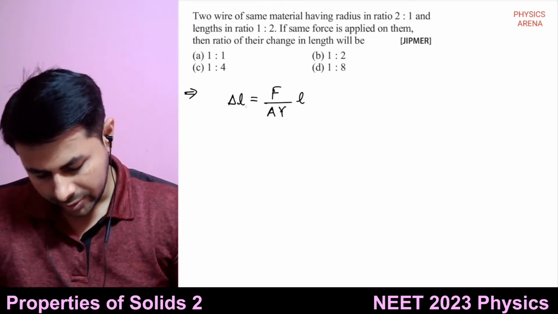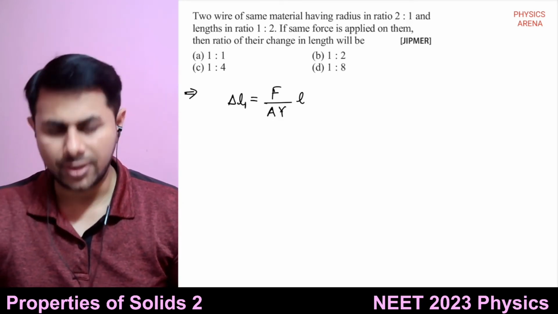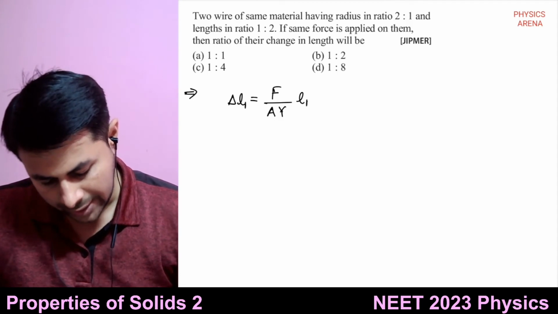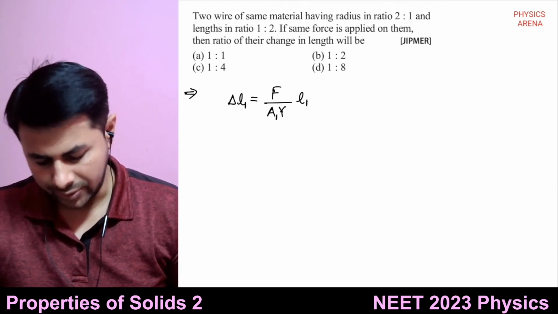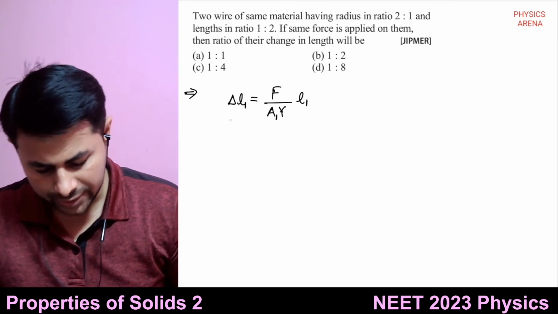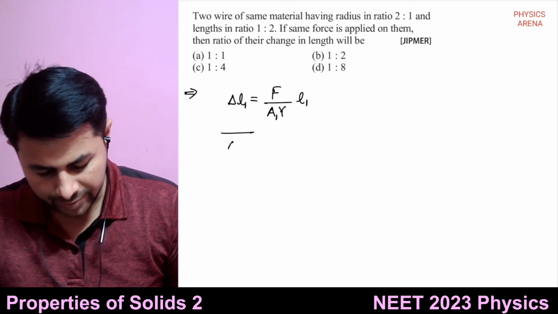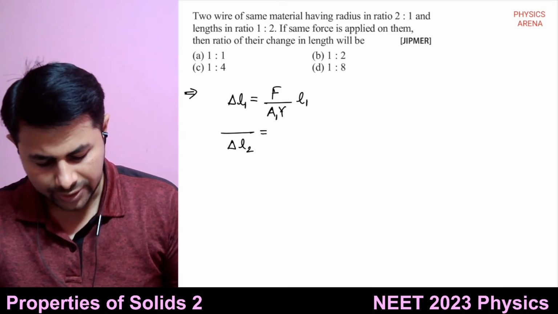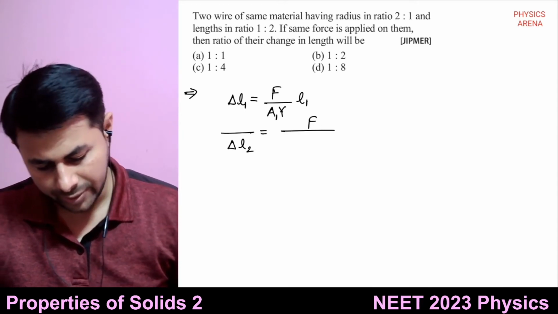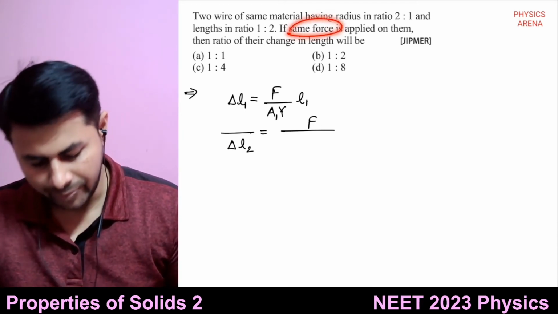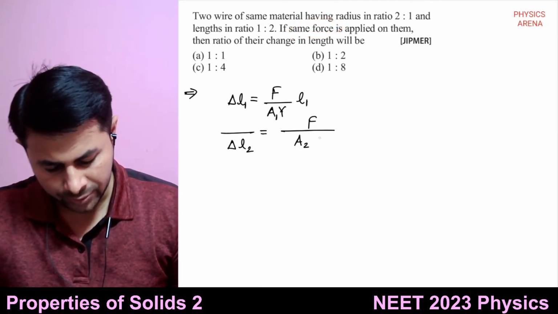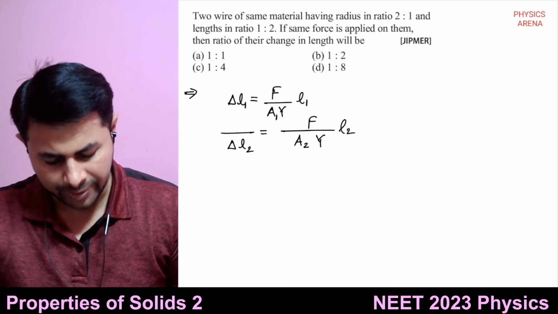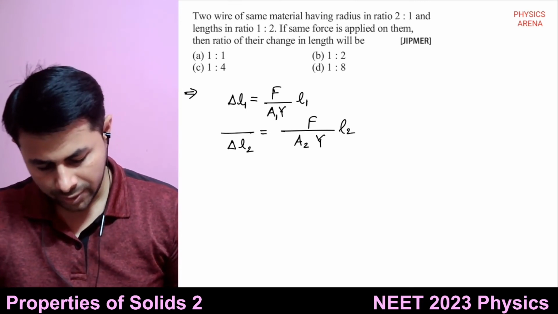For the first wire, let's call it delta L1, L1 and A1, and let's divide it by delta L2, which is equal to F upon A2 Y multiplied by L2. They are pulled by the same force, so F is the same.